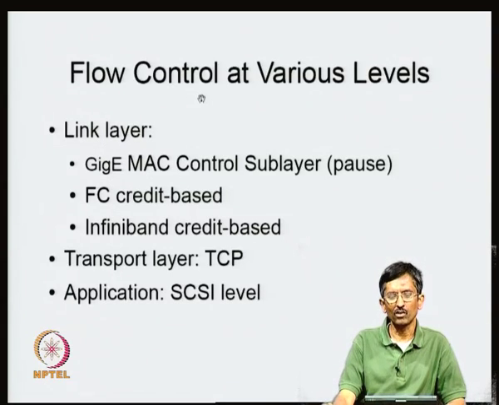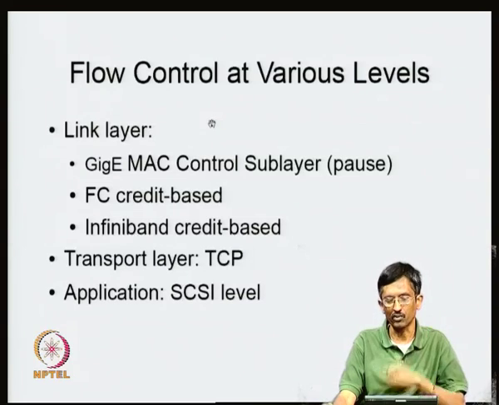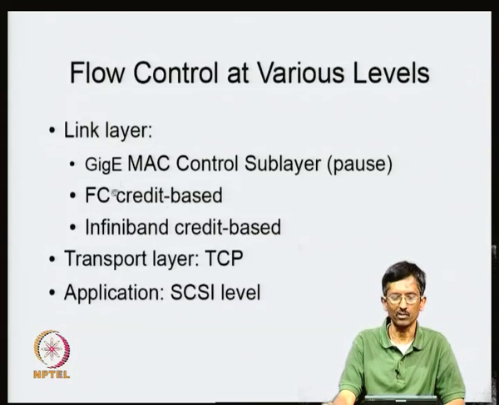It turns out that the flow control of each of these kinds of models is different, and your performance or the controls that you need in your system depend on the kind of flow control that is there. For example, you can do flow control for these network storage systems at the link layer itself, or you can do it at slightly higher levels, or even at the application level.